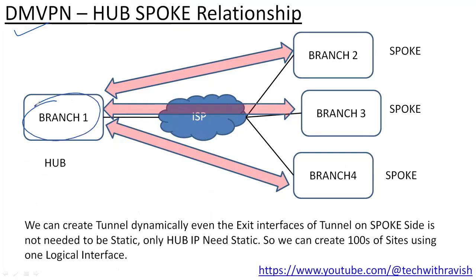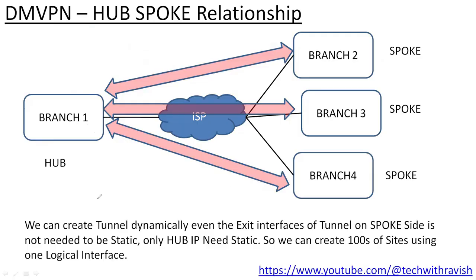Dear, this is my branch office number 1 and this is 2, 3 and 4. So I don't need to create 6 different tunnels over here. What we will do is create a hub for one branch and the others will work as spokes. So we can create the tunnel dynamically; the exit interface of the tunnel on the spoke side is not needed to be static.